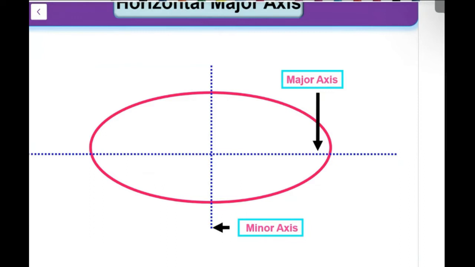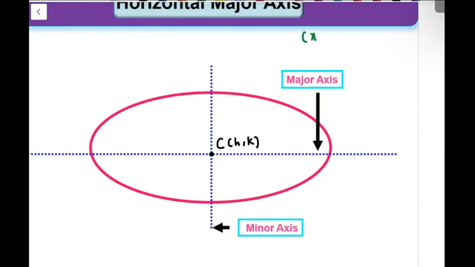For an ellipse, there are 7 fixed points that need to be labeled. The first one is the center, which lies in the middle of our ellipse, and the notation we use here is (h, k). How do we get this center? We can obtain it directly from the standard equation.